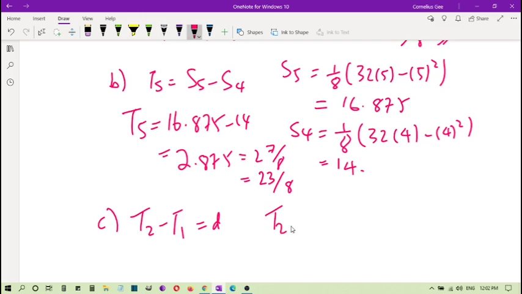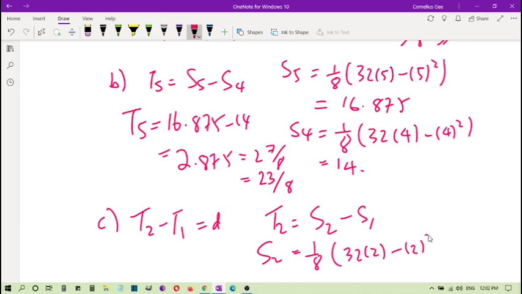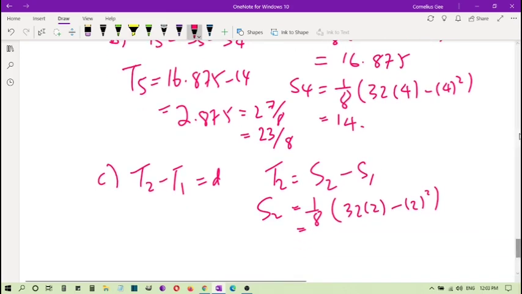So T2 is actually the sum of the first two terms minus the sum of the first term. Okay, so S2. S2 is 1 over 8 times 32 times 2 minus 2 square, which is 32 times 2 minus 4 divided by 8.